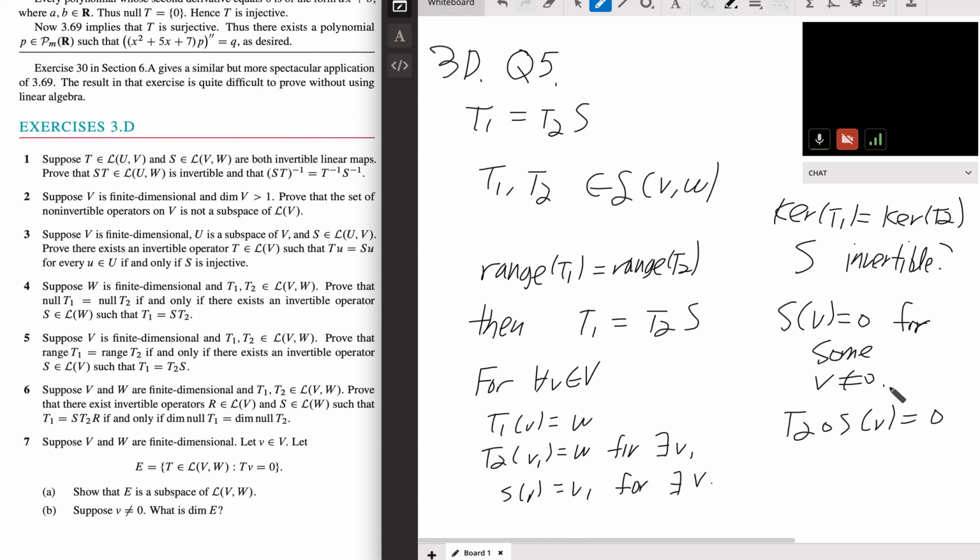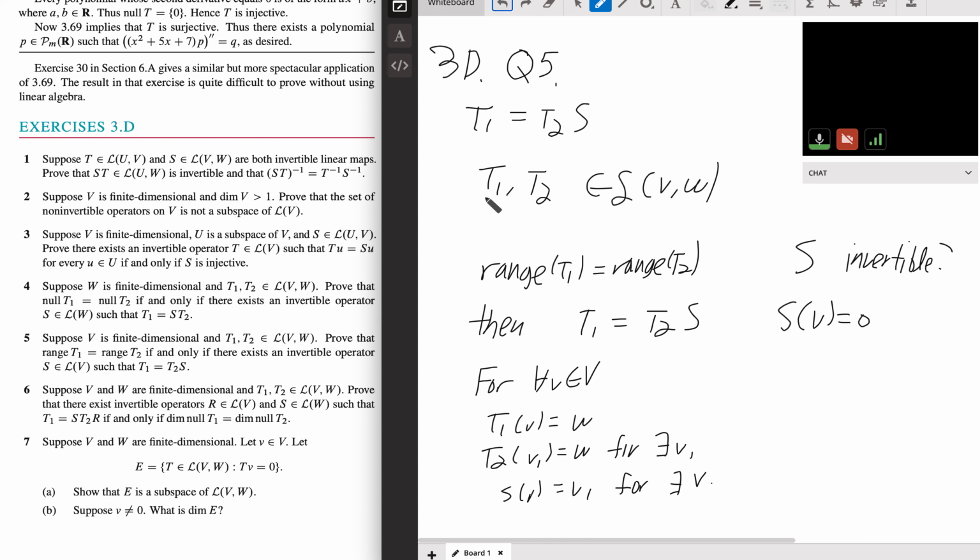So this is not in, oh, hold on. Well, what if V is in the kernel of T2? And that's not good. Yeah, no, I can't play tricks here. I gotta think of something actually genuinely interesting or useful. Can't play tricks with quantifiers and screw around.